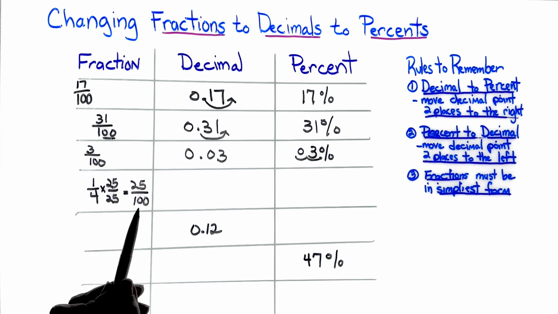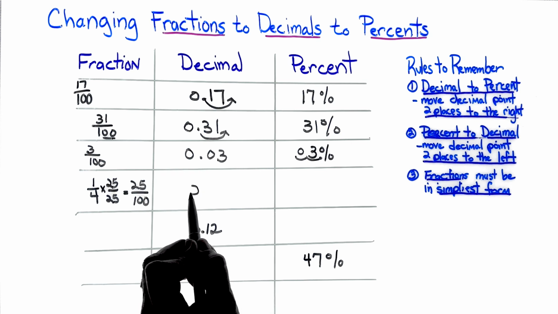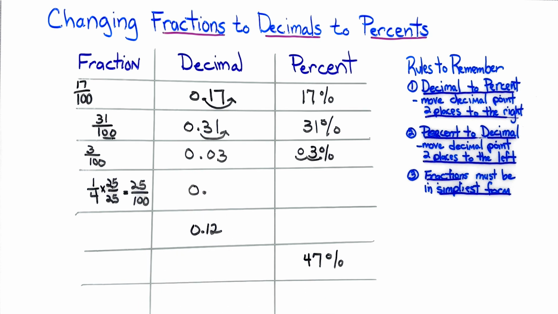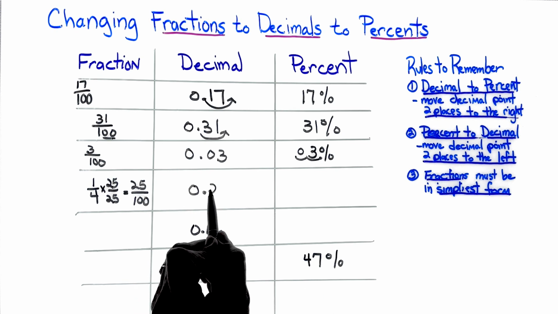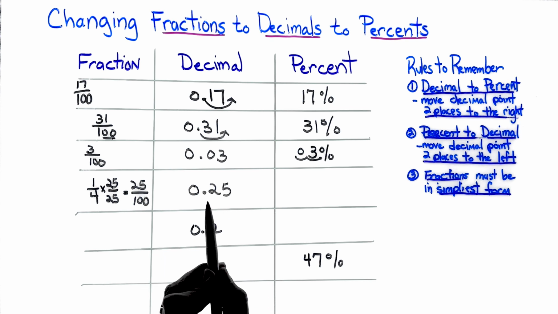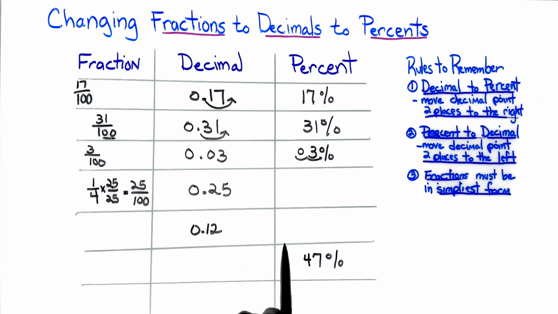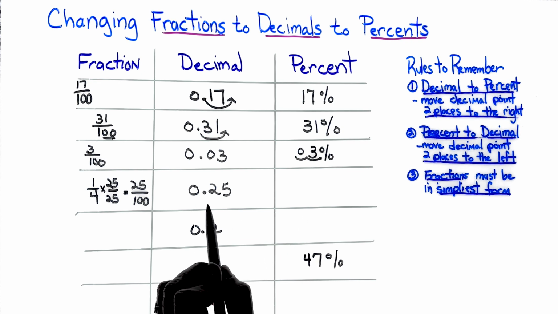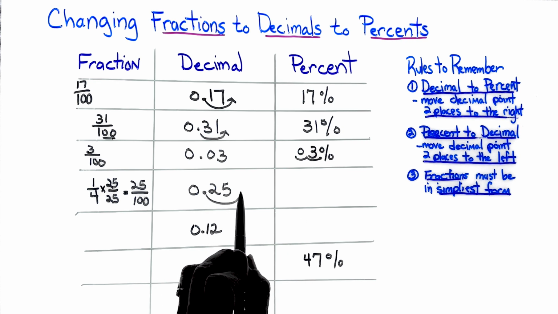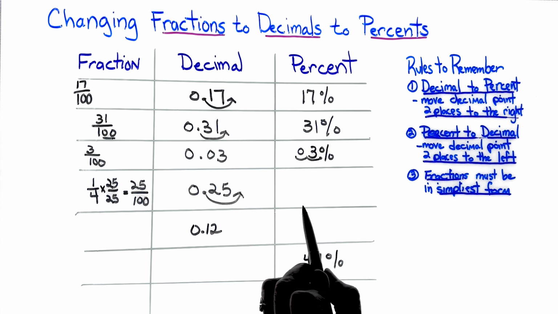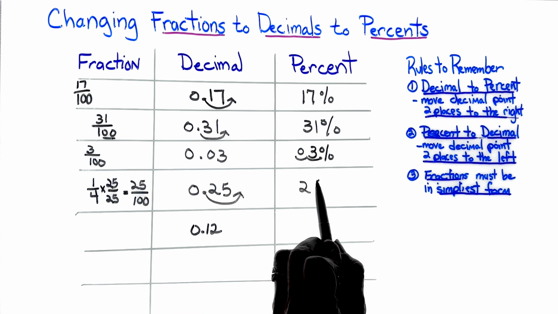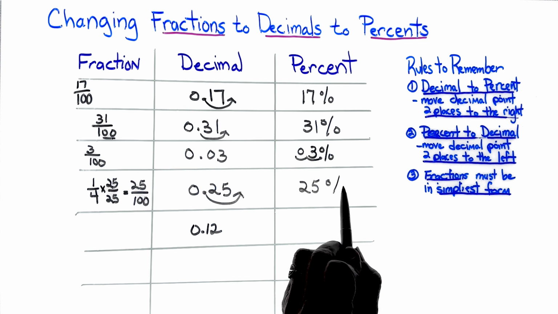Now that my denominator has 100, it's really easy to write it as a decimal. I said 25 hundredths. Well, here's my 0 for my placeholder. I don't have any whole numbers, and it is 25. So 25 hundredths. And now, changing the decimal to a percent, we're going to move 2 places to the right. So 25 hundredths is the same as 25%.